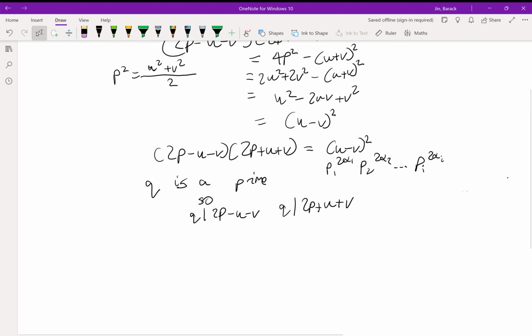Now, because both of these are multiples of q, we can take the sum, actually. q divides 4p.